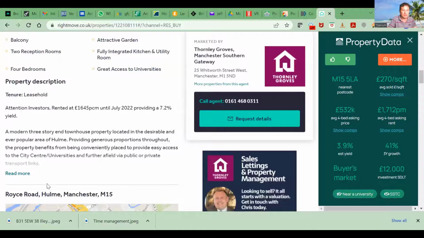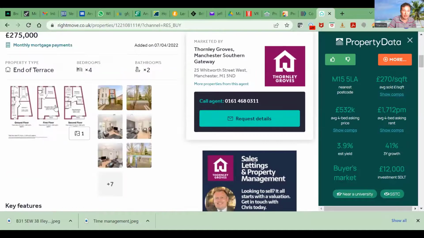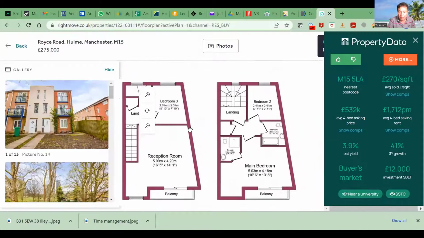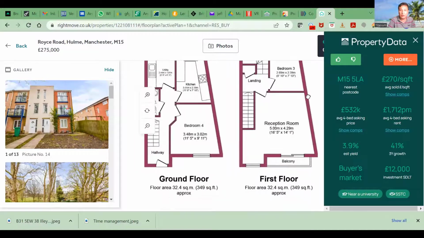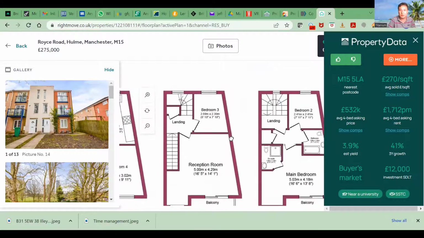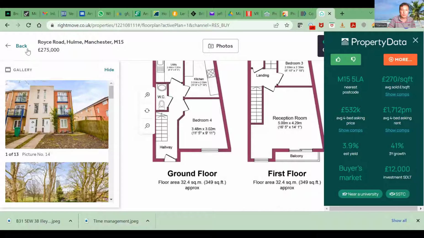Rented at 1645. Floor plan shows bedroom 1, 2, 2 bathroom, very nice. 3, 4 bedrooms, very good. 4 bedrooms, 2 bathroom and 1 toilet, very good proportions.